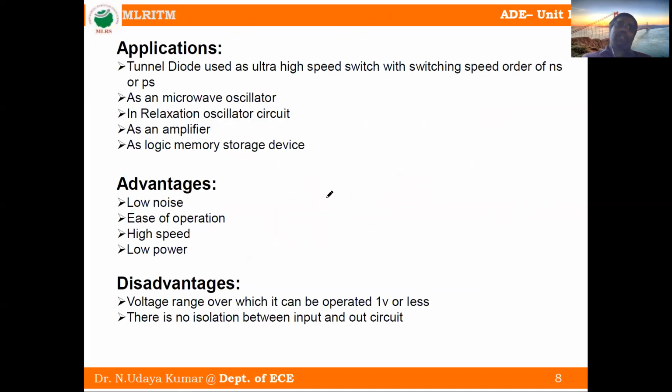Okay, so what are the applications? The tunnel diode is used as an ultra high speed switch, with a switching speed on the order of nanoseconds to picoseconds. Why is it ultra high speed? Because the junction width is very small. Junction width is very small, meaning electrons are penetrating, so very high speed.